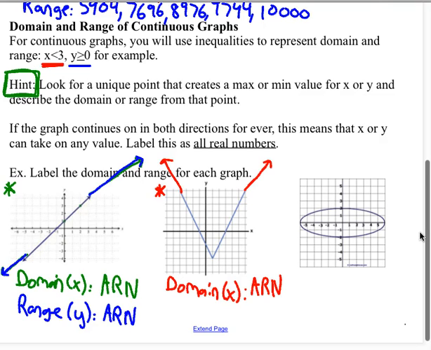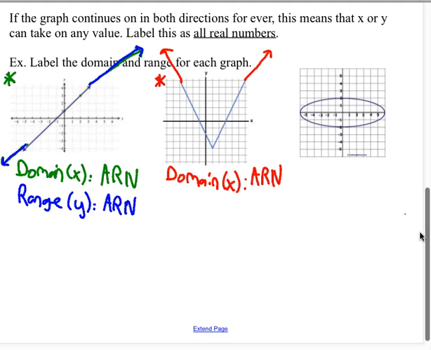Now what about the range? The range is going to be a little bit more interesting this time. So range is going to be y values. Now there's something I want you to notice. Notice this point right here. When I said look for unique points, that's one of the things that I was talking about.